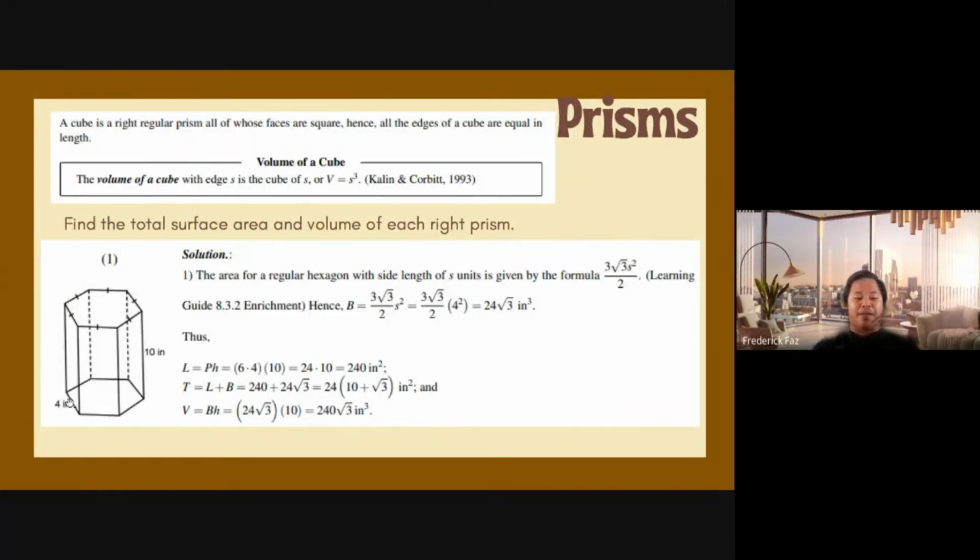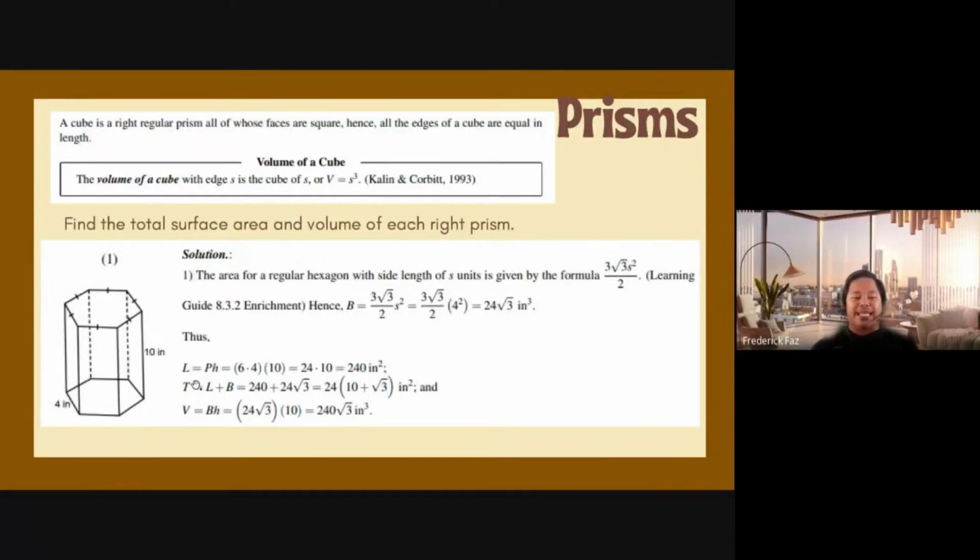The product is 24. And we're going to multiply it by 10, since 10 is the height of the prism. So 24 times 10. The lateral area is equal to 240 square inches.